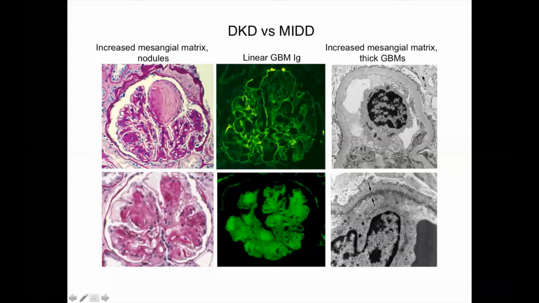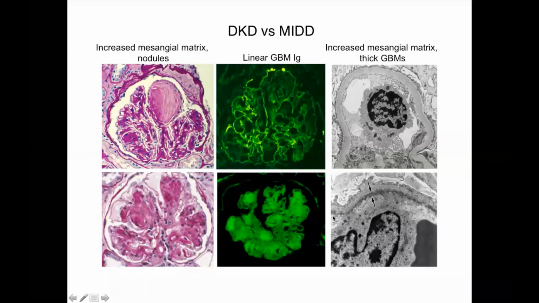On electron microscopy, like we said, we may see sclerosis and thickening of the glomerular basement membrane in diabetes.